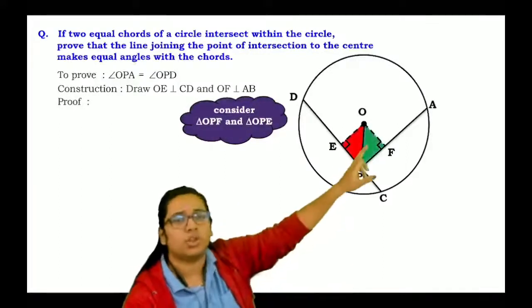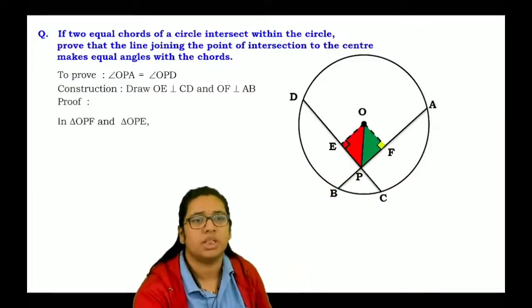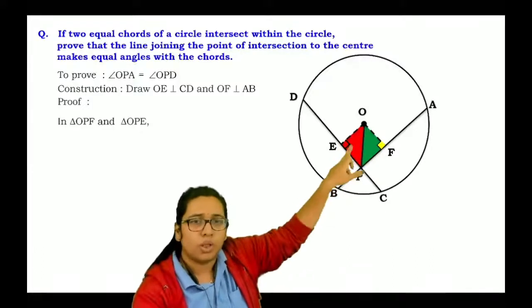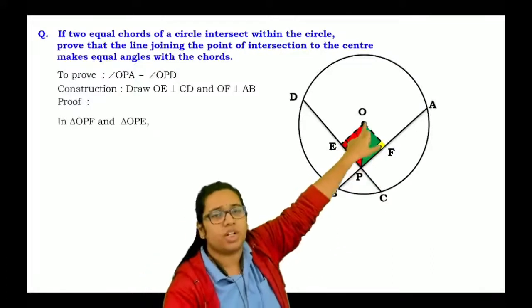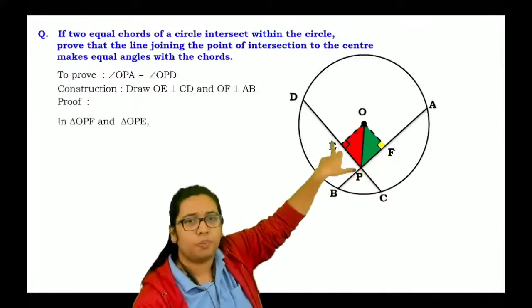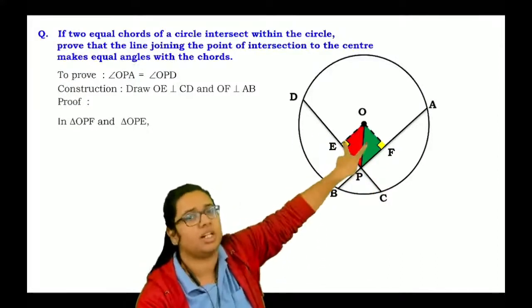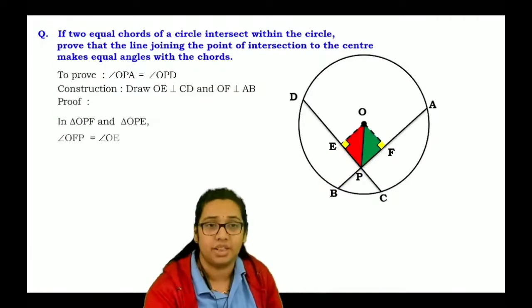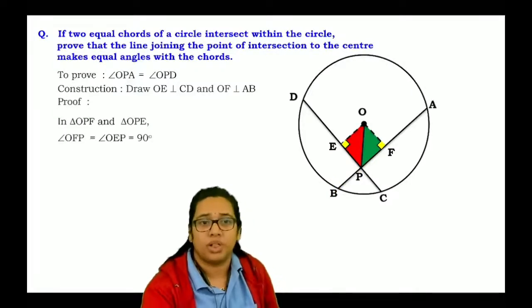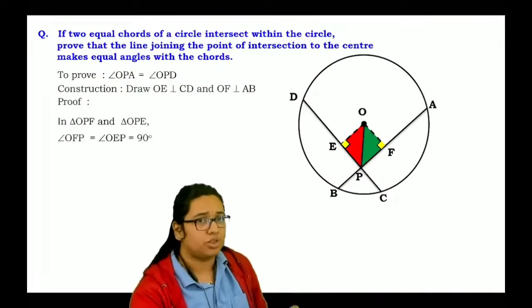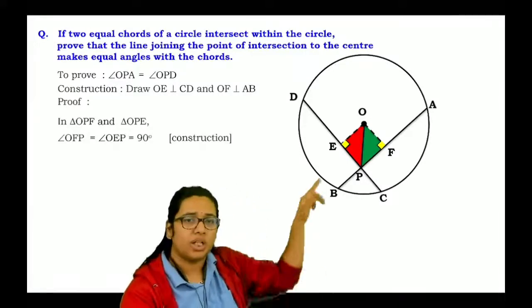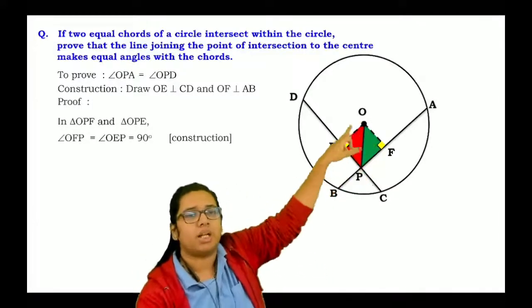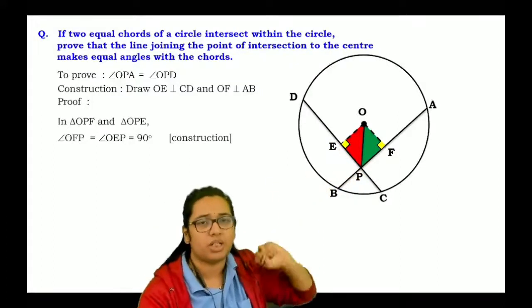So we'll just talk about these two cases. In triangle OPF and triangle OPE, first thing is that I can easily see there is a 90-degree angle. So the measure of angle OFP is the same as the measure of angle OEP, nothing but 90 degrees.